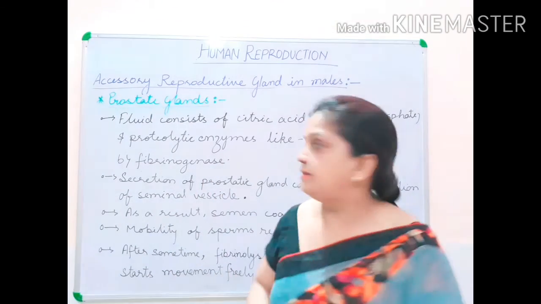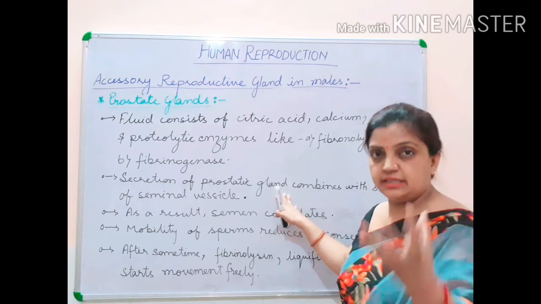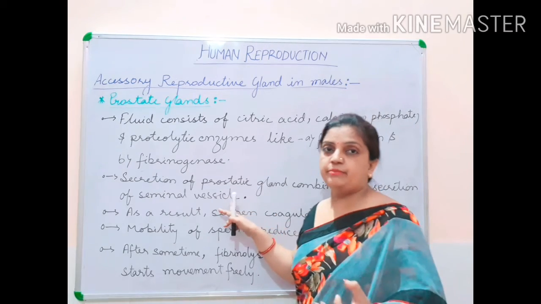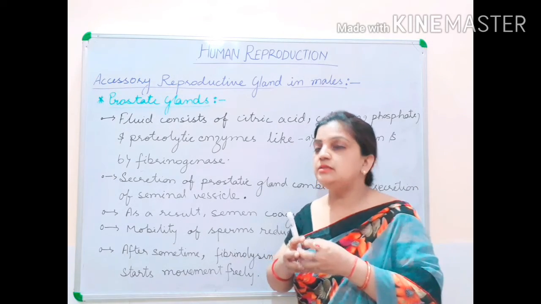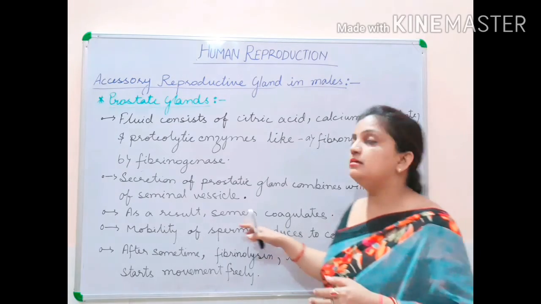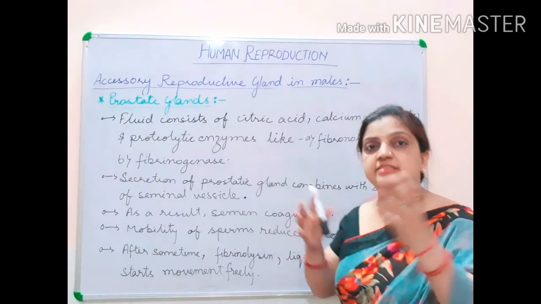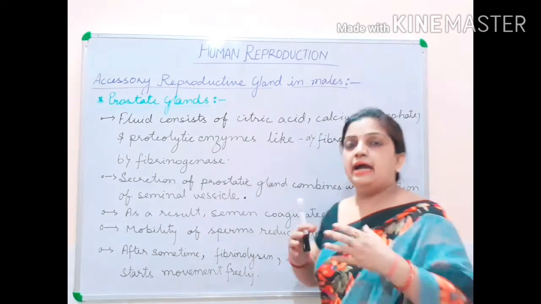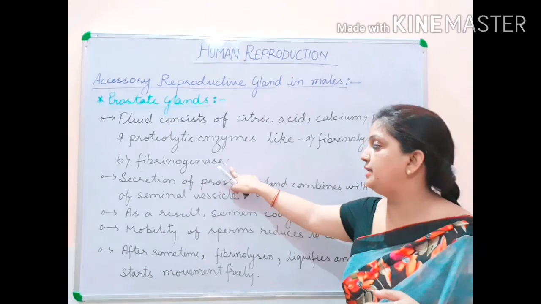I'll repeat again, children, that your prostate gland secretion and the semen coming from the seminal vesicle both combine with each other in the prostatic urethral region. There, after combination, the semen gets coagulated, clotted, as a function of fibrinogenase and proteolytic enzyme.